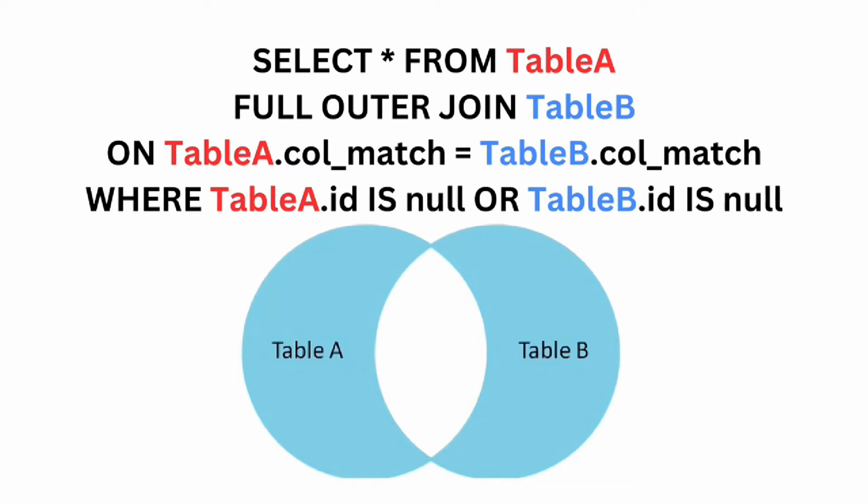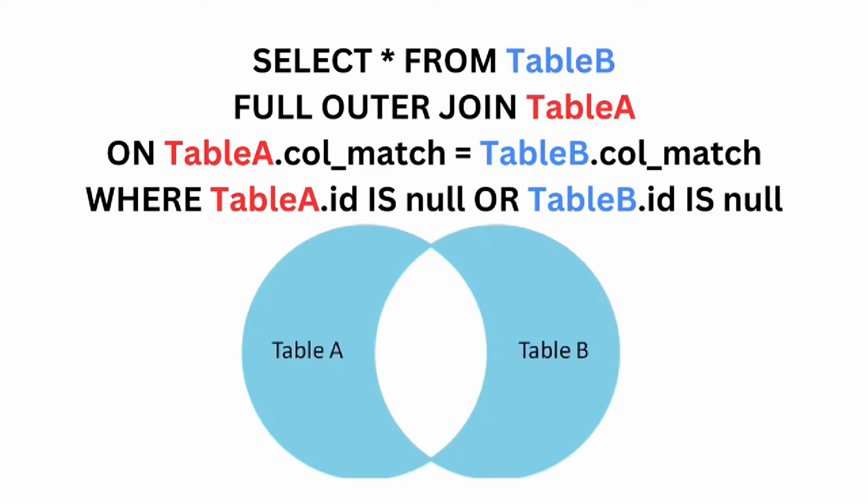And this is going to add in the statement where table A.id column is null or table B.id column is null. So that essentially means that we're looking for the actual values where one of the table's ID columns is null or the other table's ID column is null. Essentially the opposite of an inner join because this will only grab things that are unique either completely to table A or unique to table B.